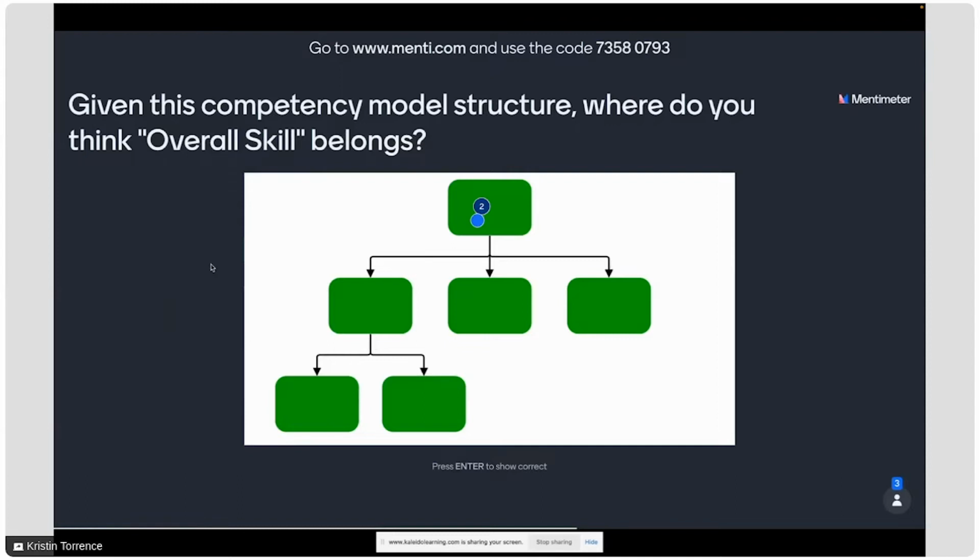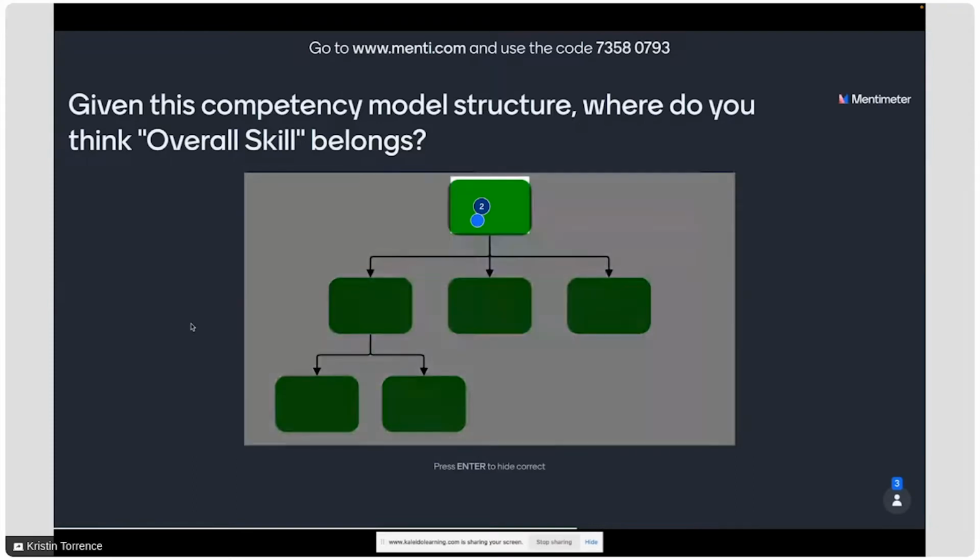I'll give it maybe 15 more seconds for anyone else who wants to respond. Well, you are correct. That is exactly where overall skill belongs, at the very top.